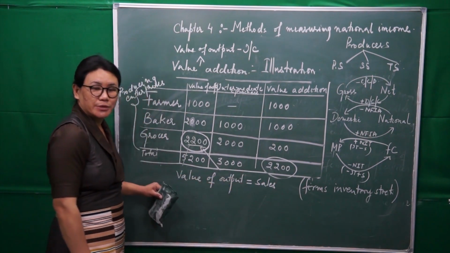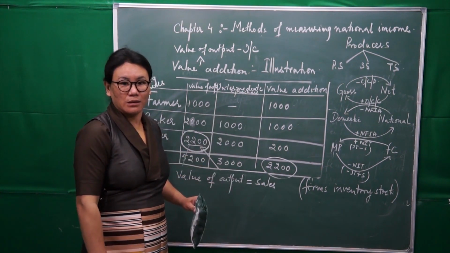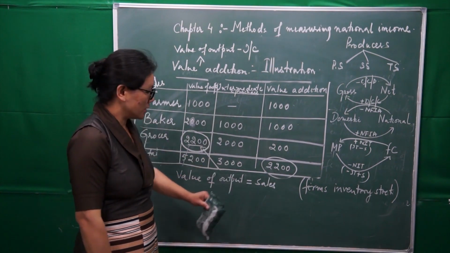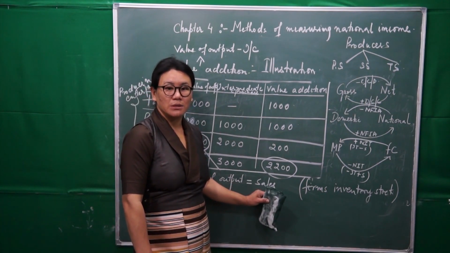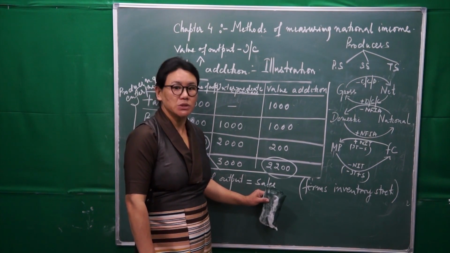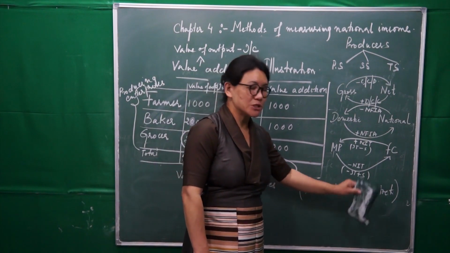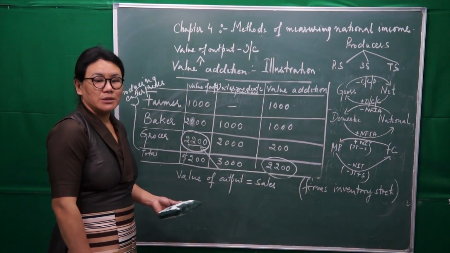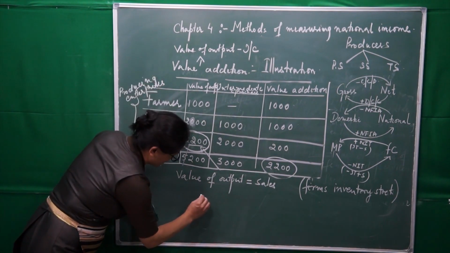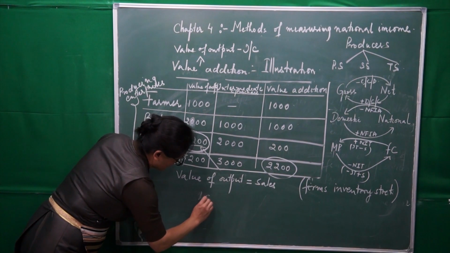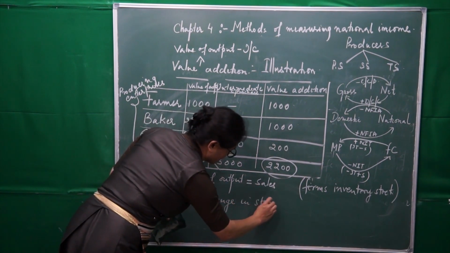Now see here, again I'm repeating. Whatever has been produced this year, if the entire thing is sold out during the same year, then it will be equal to sales. Sometimes the output remains unsold, right? So it will be added to the firm's inventory stock, and it is expressed as change in stock.